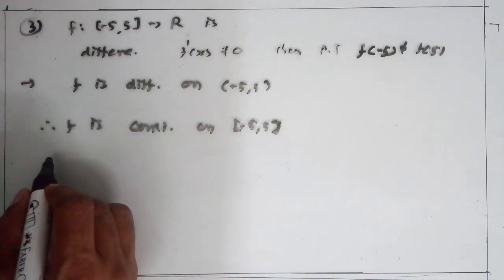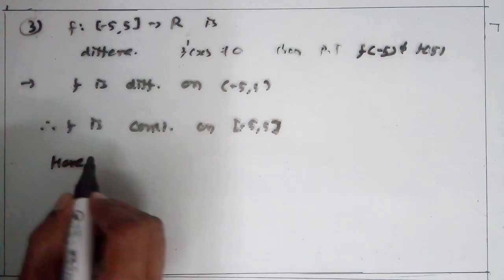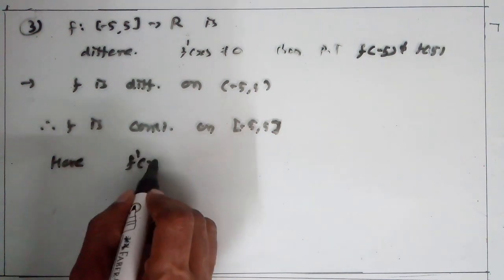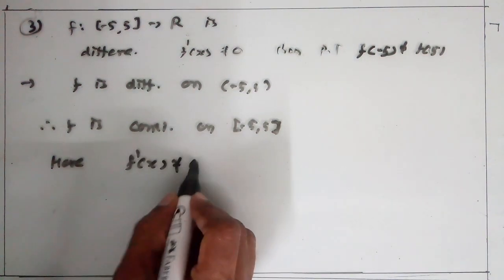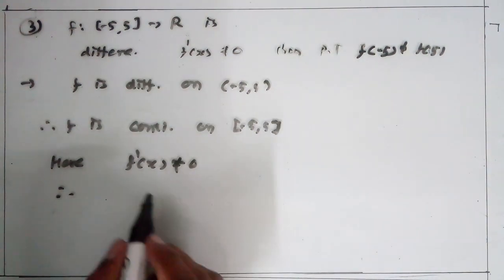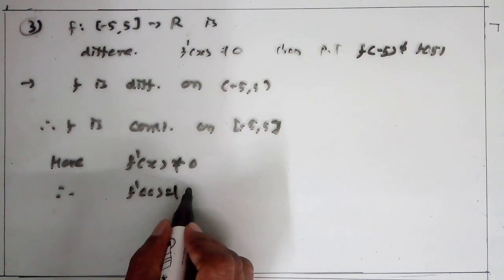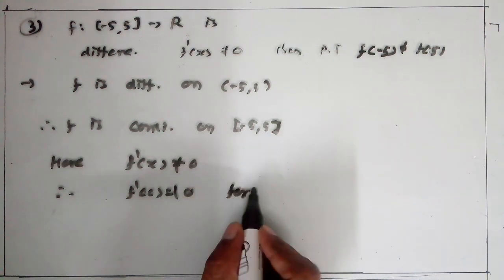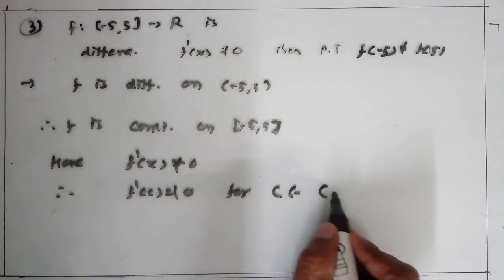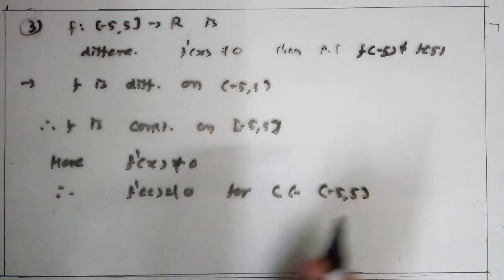Here f dash x not equal to 0. That means f dash c not equal to 0 for c belongs to the open interval minus pi to pi.